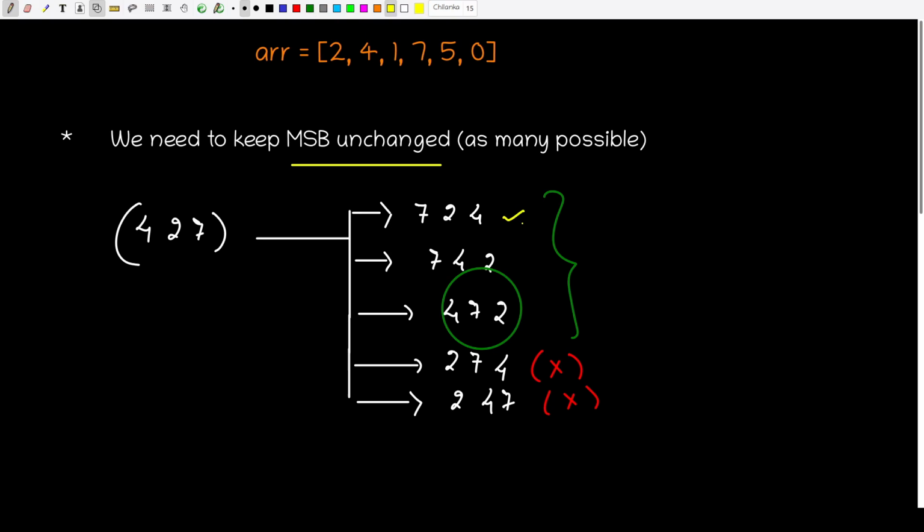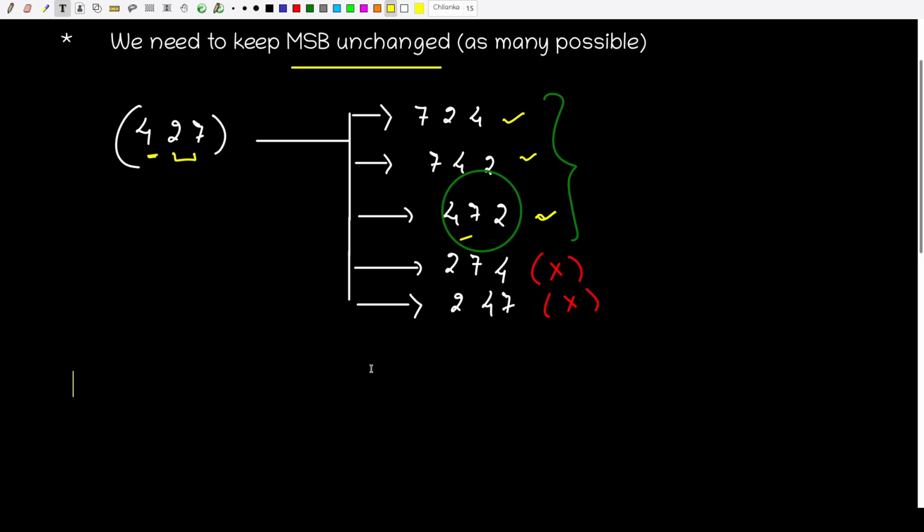Please note, 724 and 742 are also valid permutations, but among these three, 472 is the next greater permutation. The way we were able to achieve this is by keeping as many MSBs constant. For instance, this 4 was kept unchanged, and within these two we performed some operation in order to come to 472. So our first objective is to find the MSB that needs to be changed.